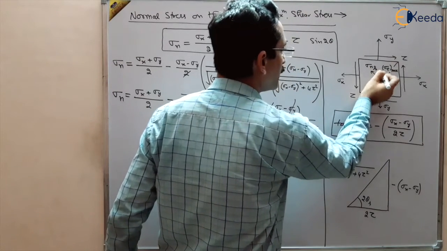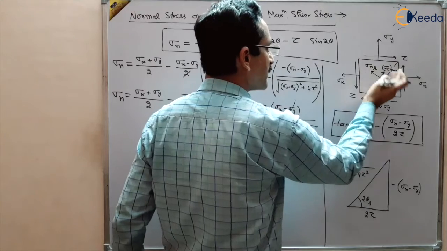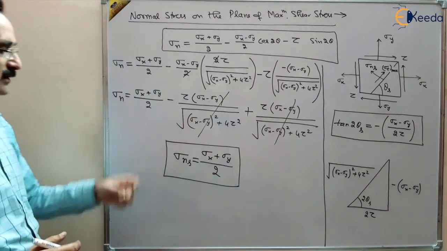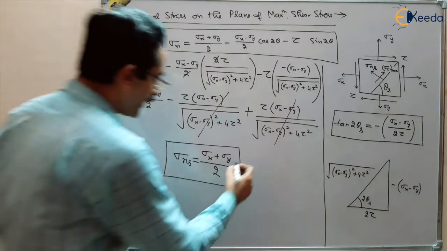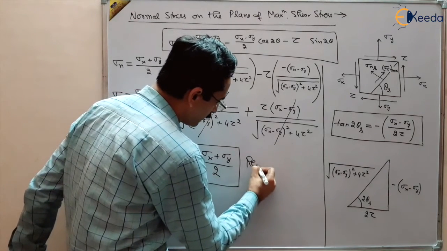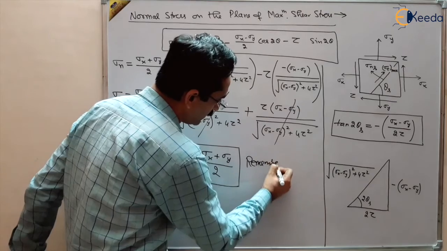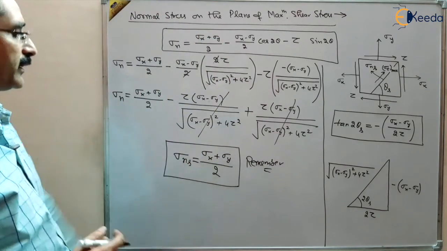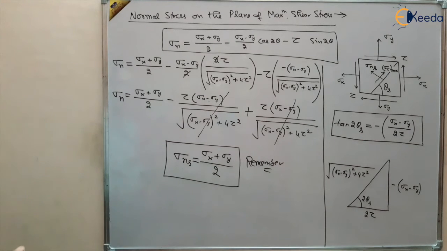This is very important and you have to remember it. It is very easy to remember: just add up the applied stresses sigma x plus sigma y and take the average, and you will get the normal stress on the plane of maximum shear stress.